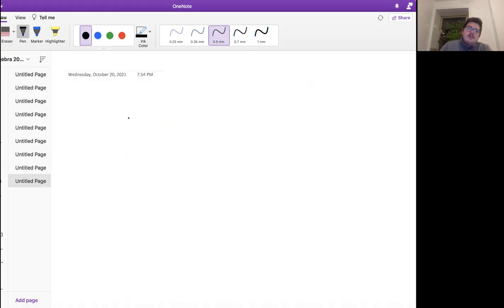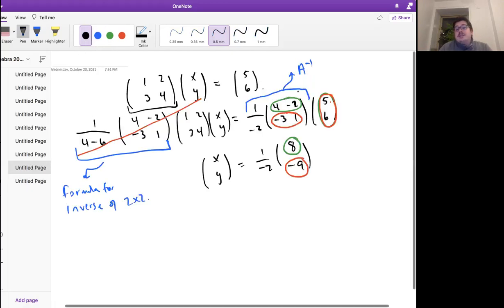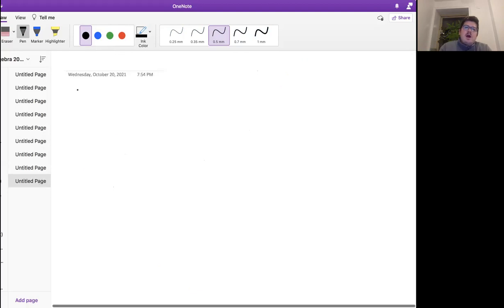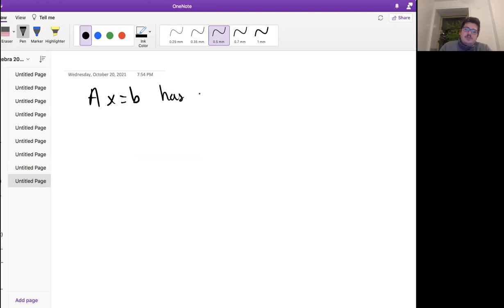But that's all to say that if you know what the inverse is. If you don't know what the inverse is, you're in a bit of trouble. Actually, I wanted to say the big takeaway of all this is that AX equals B has a unique solution if A is non-singular.